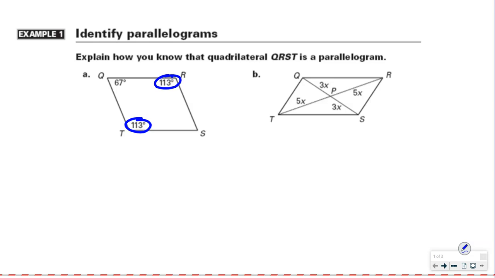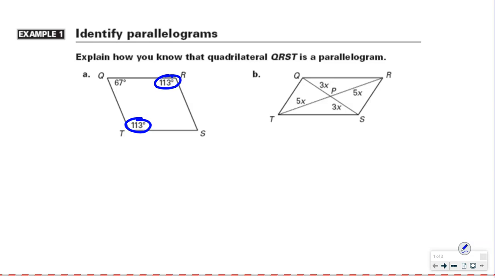We can find that from our polygon interior angle sum theorem, n minus 2 times 180, which tells you how many degrees that figure needs to be. If we do that with a 4-sided figure, we get 360. So 113 plus 113 plus 67 plus angle S will give us 360 degrees.